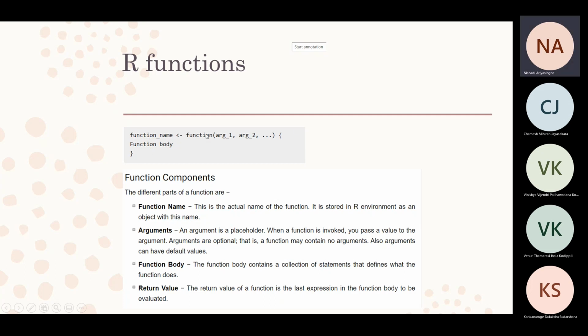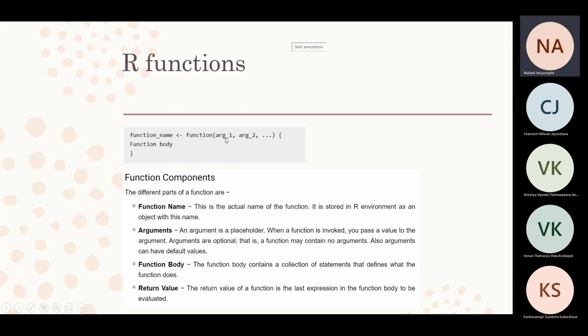So in R, a function is basically like this. There's a function name, an assignment operator, and the word function. This word function mentions that this is a function.